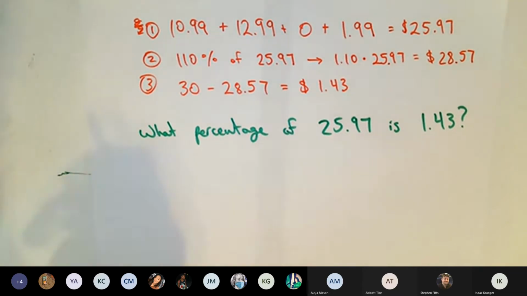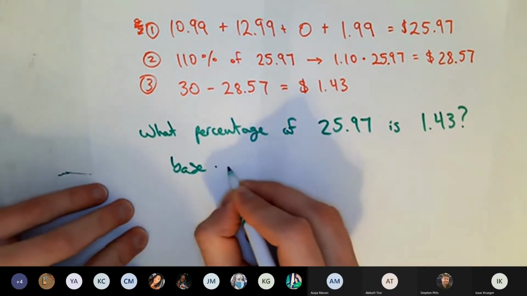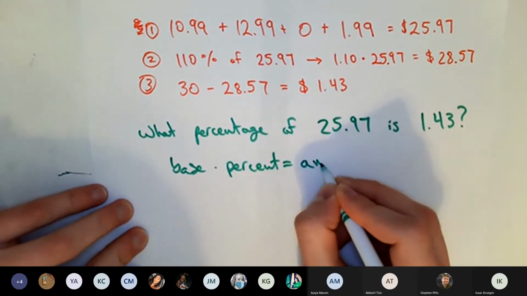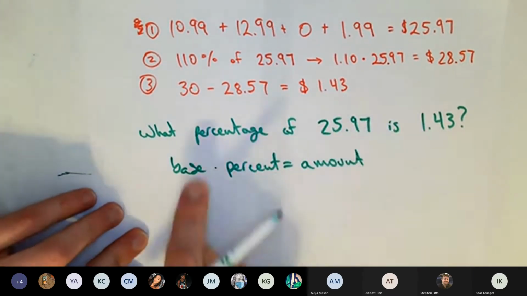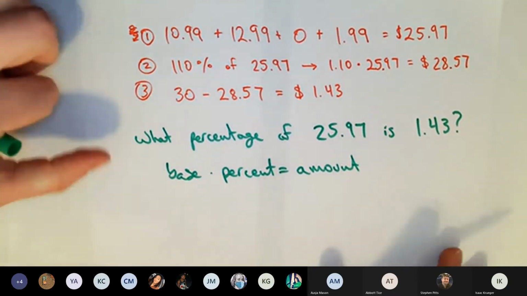Well, remember that equation I gave you up top in the beginning of this lecture that I said would be useful, which I have now lost because my notes are all in a mess. It is base times percent is equal to amount. And here I'm asking for the percent.